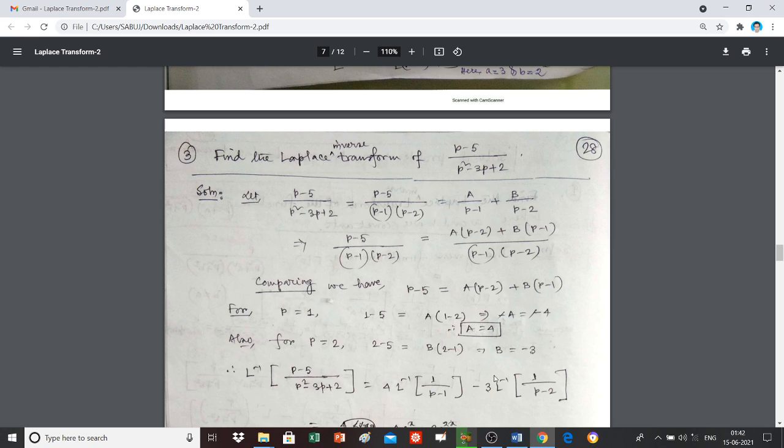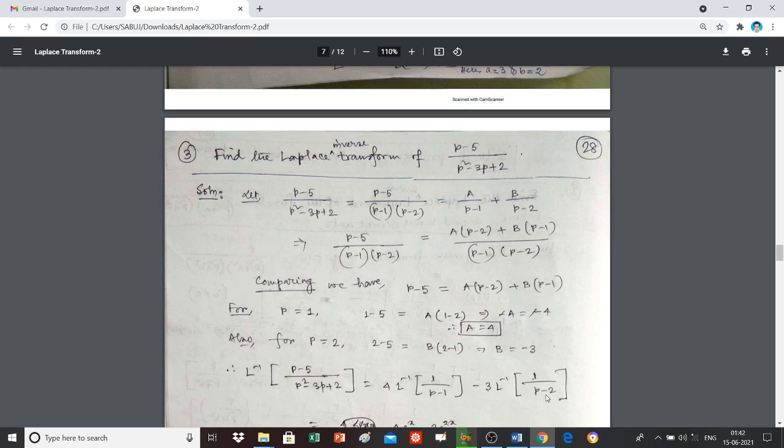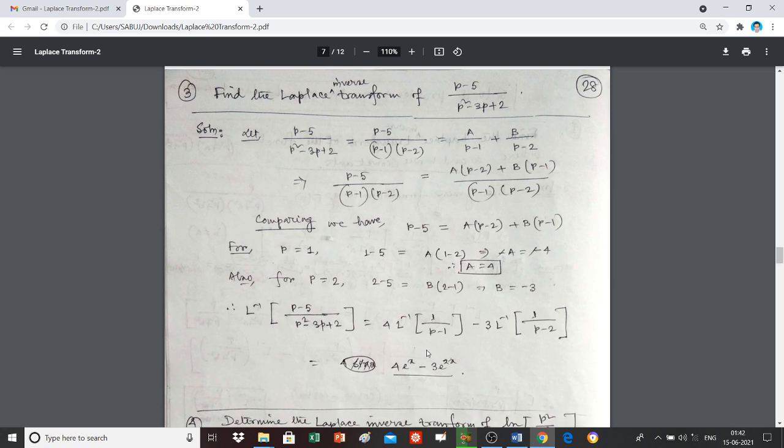You know that the inverse Laplace transform of 1/(p−a) is e^(ax). So in the first case a is equal to 1, and in the second case a is equal to 2. So the inverse Laplace transform of this function is equal to 4e^x minus 3e^(2x).